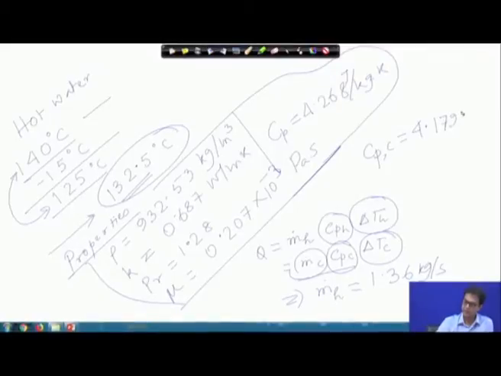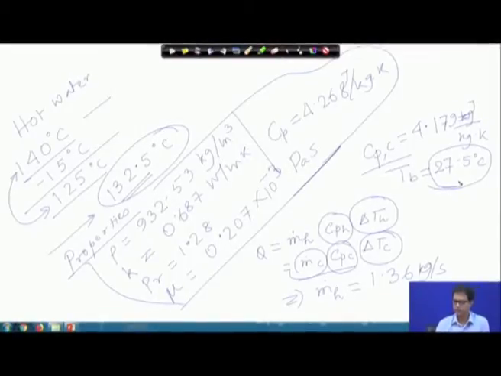4.179 joule per kg Kelvin, and we have taken this at a bulk temperature of 27.5 degrees C. This is an average temperature between 20 and 35.